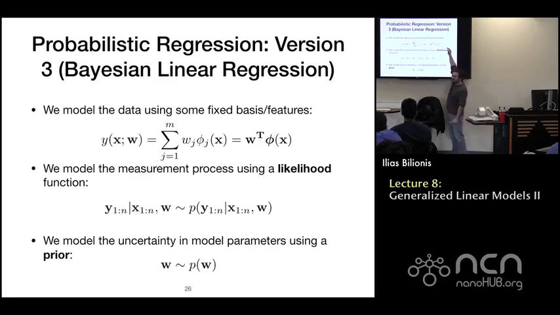You have a model of the measurement process, which we call the likelihood, and somebody forces you to say something about the weights of the model before you see any data. You are picking a prior. So: model, likelihood, prior.